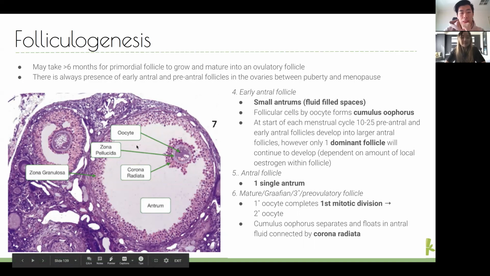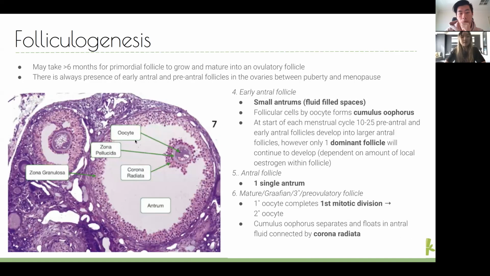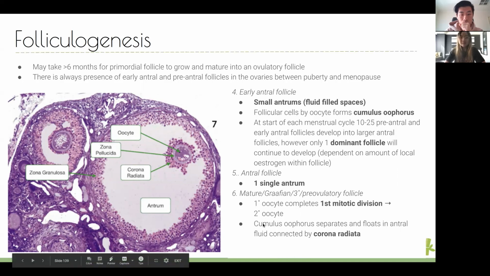Remember, all of this folliculogenesis has to do with the follicle and not the oocyte. But I'll just mention that by this stage, the primary oocyte completes its first meiotic division into the secondary oocyte. And then the cumulus oophorus, which is this bit, separates and floats in the antral fluid, connected by the corona radiata, like that.